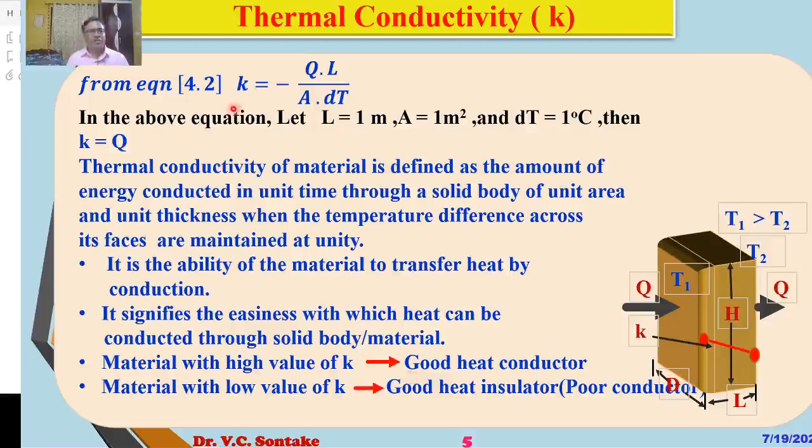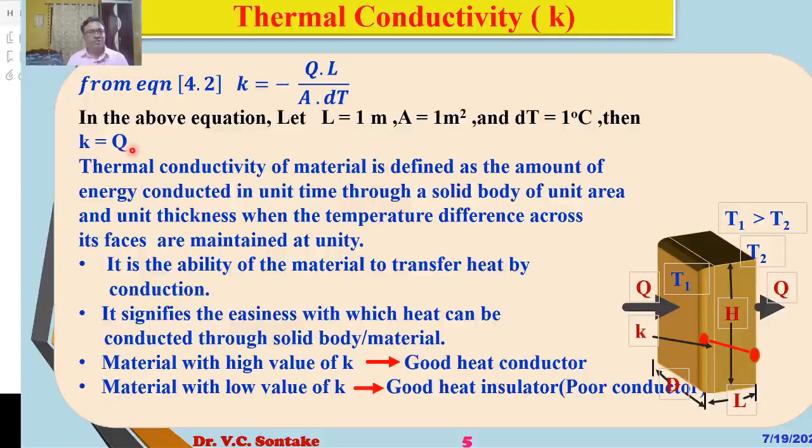Further, from equation 4.2, K is equal to minus Q into L over A into dT. In this equation, if I put L equal to 1 meter, A equal to 1 meter square, and dT equal to 1 degree Celsius or Kelvin, then Q is equal to K. Now, what is the meaning of this mathematical term K is equal to Q?